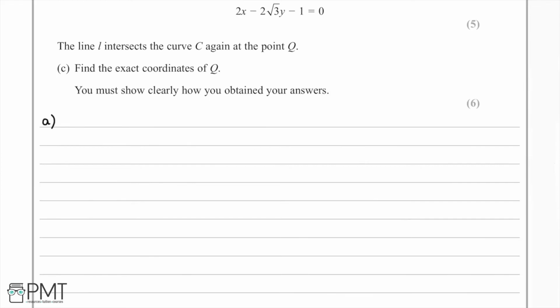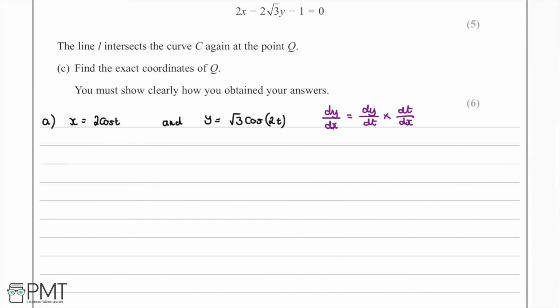So let us first note down that x is equal to 2 cos t and that y is equal to root 3 cos 2t. So we can remember the formula for parametric differentiation, where we have that dy by dx is going to be equal to dy by dt, and we multiply this by dt by dx.